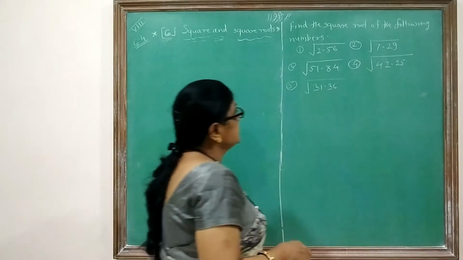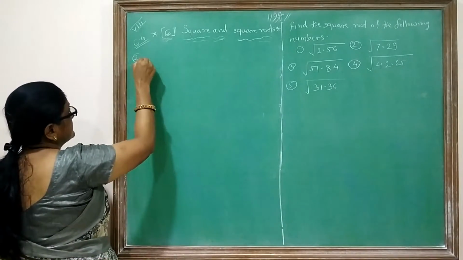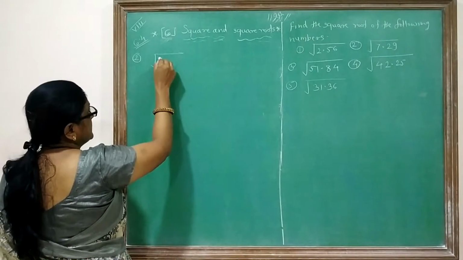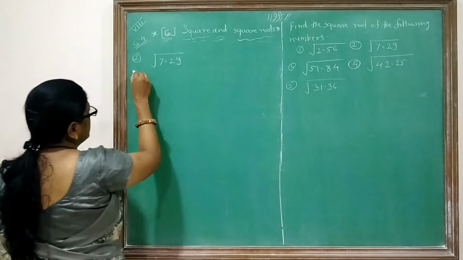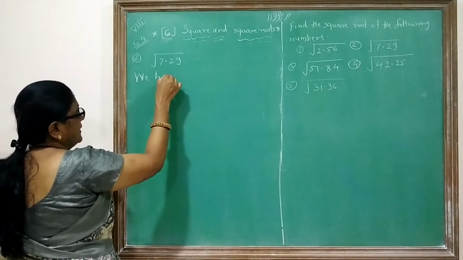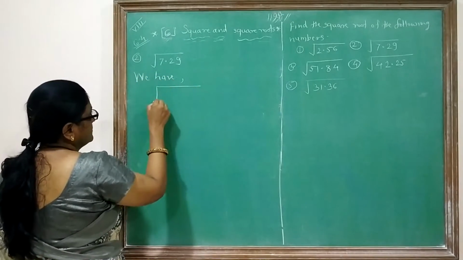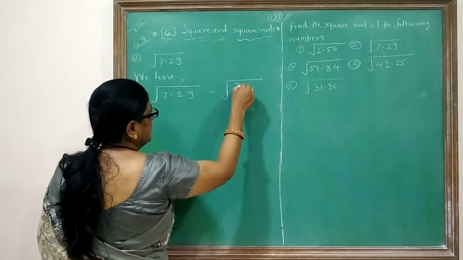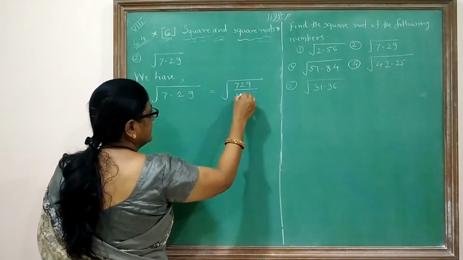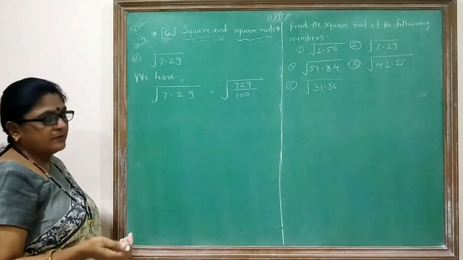Your next example, the second, is under root of 7.29. First you will write, we have under root of 7.29. Then you will convert it into 729 divided by 100.